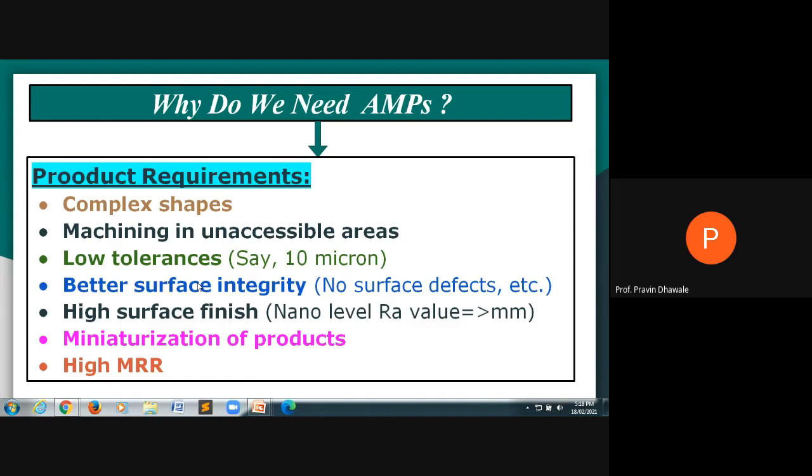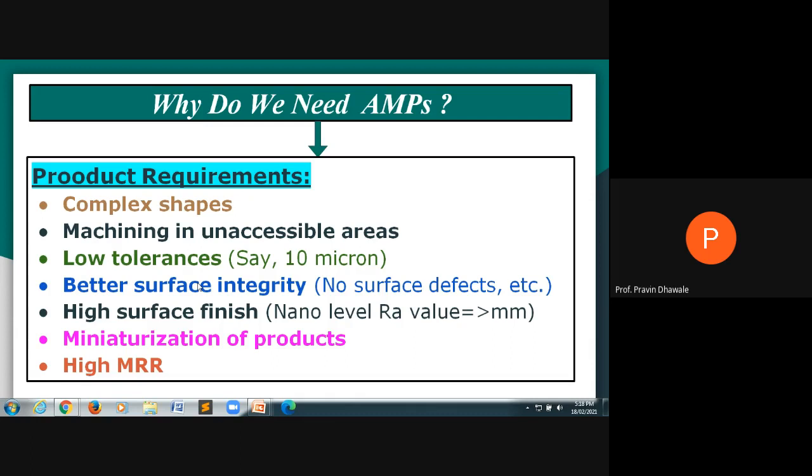Likewise, when you require a very high surface finish, up to the nano level Ra value, means nano microns, at that time you go for the non-conventional machining process. Then miniaturization of the product requires non-conventional machining. High material removal rate will not be possible by using the conventional machining process.